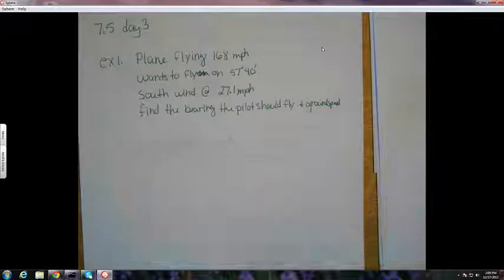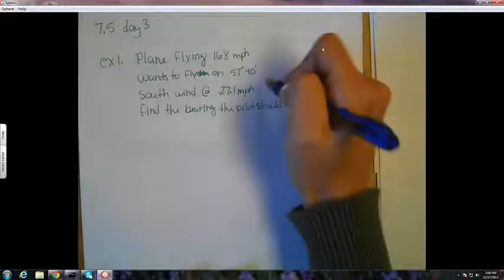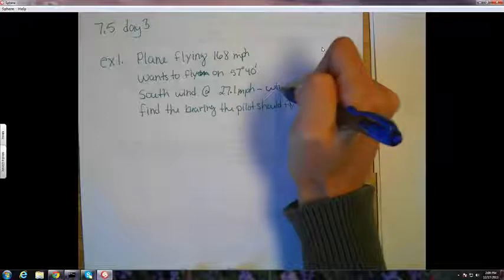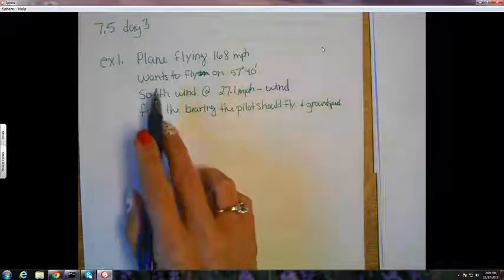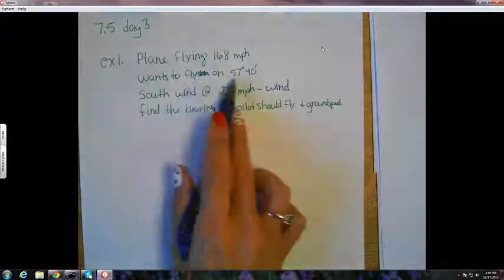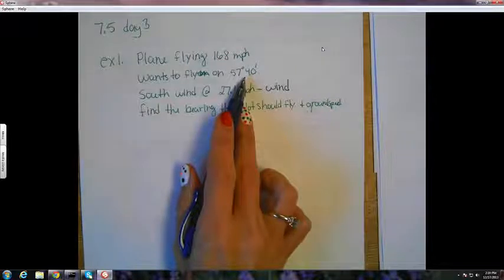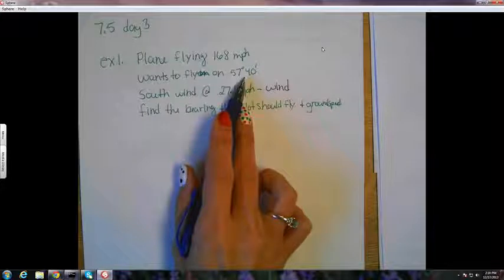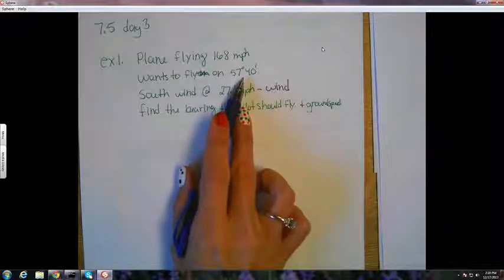So we always have the 3 vectors going. We've got airspeed, wind speed, and ground speed. The wind is easy to pick up because it says wind. Here's our wind vector. This wanting to fly on this bearing, which vector is that? That's where I want to end up on.